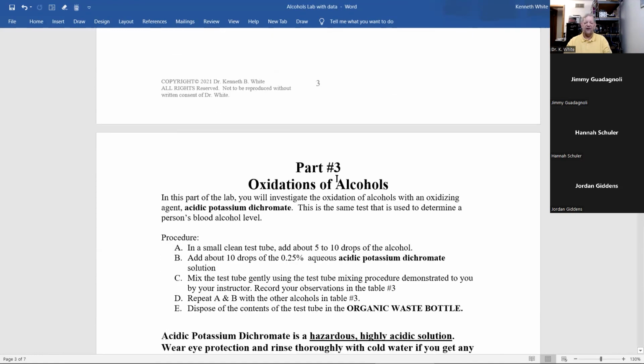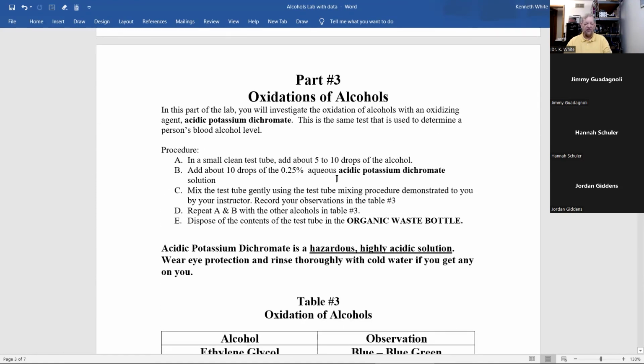All right, now the last part is called oxidation of alcohols. You learned, take a primary or secondary alcohol, you oxidize it, you'll get an aldehyde or ketone. Tertiary don't react. Now in this lab, and I'm going to show you the exact equation, you'll be using acidic potassium dichromate.